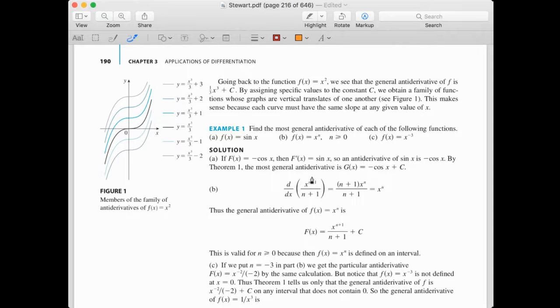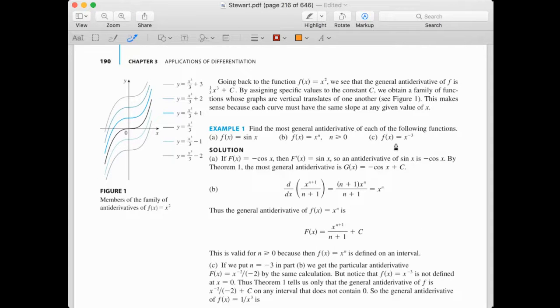Because if we take the derivative of this, x raised to n plus 1 divided by n plus 1, we get n plus 1 times x raised to n divided by n plus 1, with n plus 1 canceling to be 1. X raised to n. So we have opposite thinking. Whose derivative is x raised to n? And this process is later called the power rule for antiderivatives.